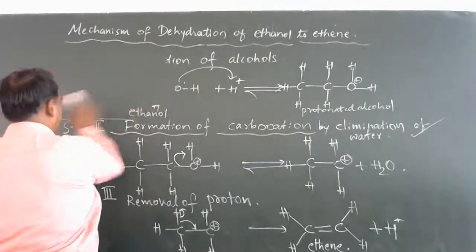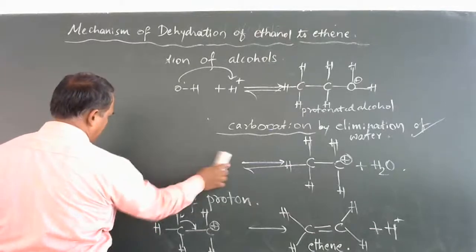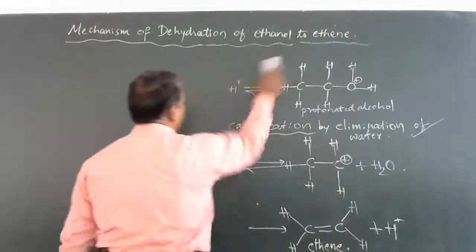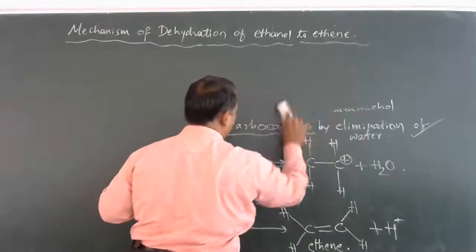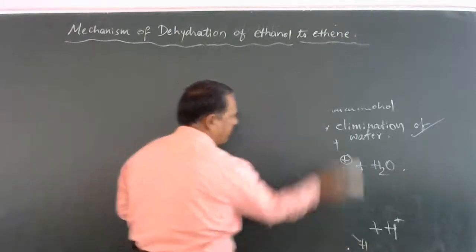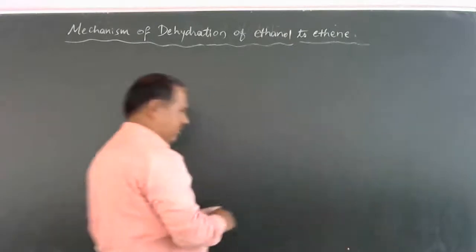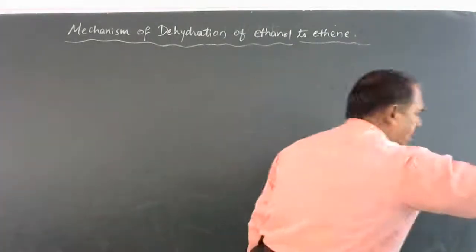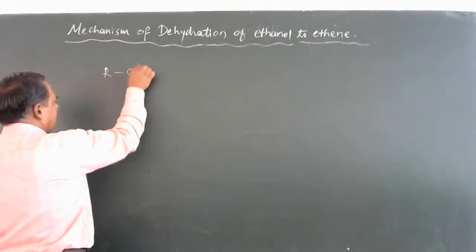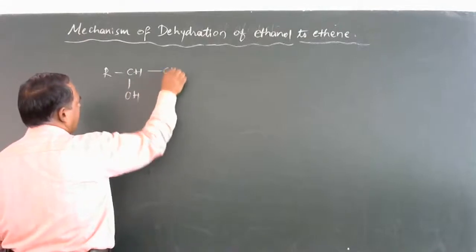In the dehydration, even secondary alcohol can also be dehydrated under a mild condition. See, secondary alcohol is R CH OH, then CH3.